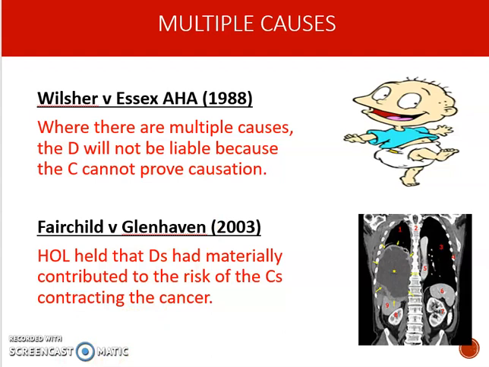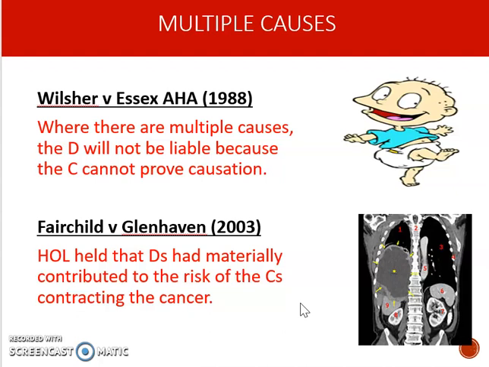You can see then that this rule can operate really harshly on the claimant, and that was certainly the case for many years. And then we had the case of Fairchild and Glenhaven. Now this was a really, really tragic case, and it was a conjoined appeal involving 3 claimants who had contracted mesothelioma, which is a type of lung cancer, contracted by exposure to asbestos.